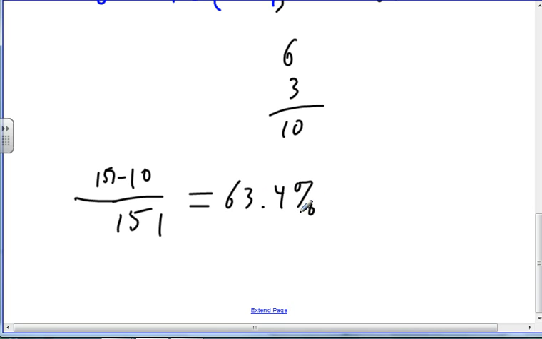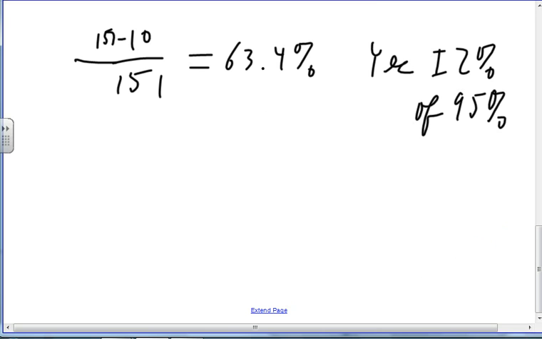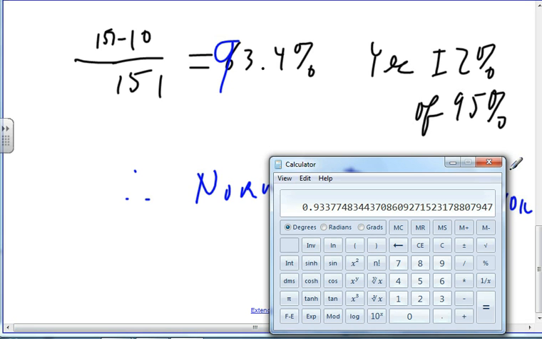Now, I am supposed to be plus or minus 2% of 95. Am I? Yes. Plus or minus 2% of 95%. Therefore, normal distribution. You mean 93.4, not 63.4. Oh, I hope so. Yeah, 93.4, right. Okay.